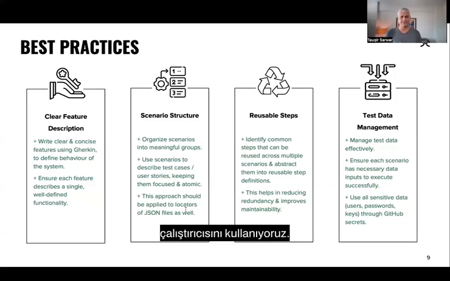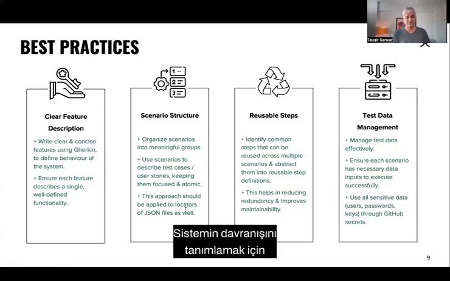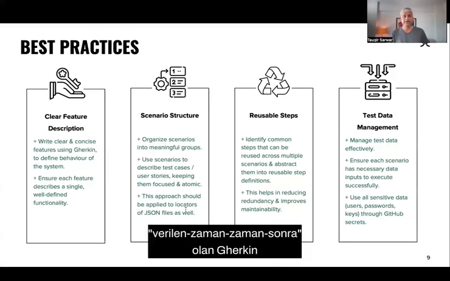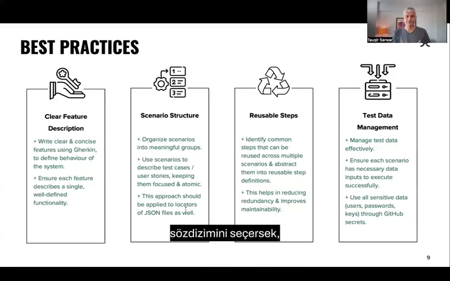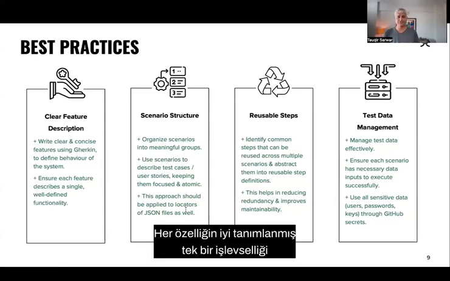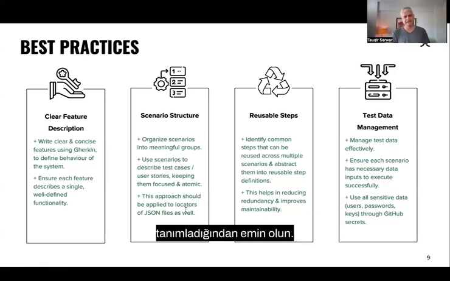Or any other test runner we are using. So we pick the Gherkin syntax, Given-When-Then, to define the behavior of the system. Ensure that each feature describes a single well-defined functionality.